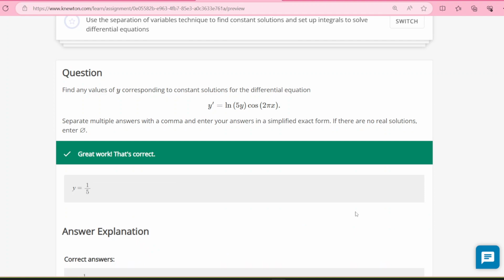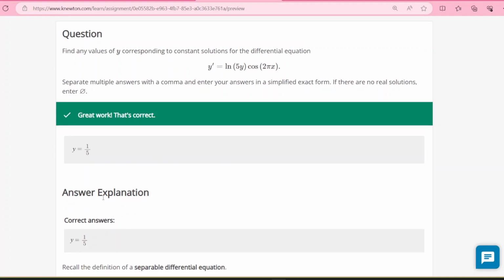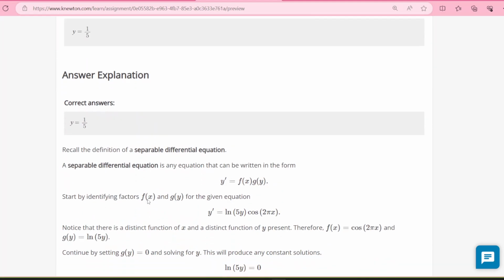Great. And after every problem, every question, if you get something wrong, they may ask you to try again one more time. And if you get it wrong again, then they'll tell you it's wrong and give you some sort of answer explanation. But even if you're right, they'll give you an answer explanation. Either way, I would recommend looking through these answer explanations, just to make sure you understand what's happening, right?